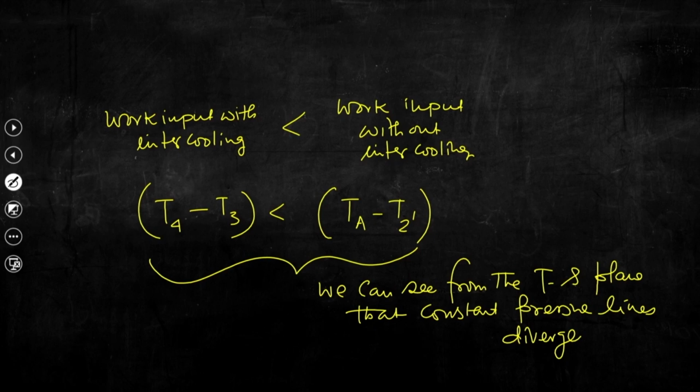So, this is true, and hence whatever we could establish in the last class from the PV plane, that saved amount due to intercooling, is also getting justified from this analysis by mapping the processes in a Ts plane. So, now this should be the same, it is very important.